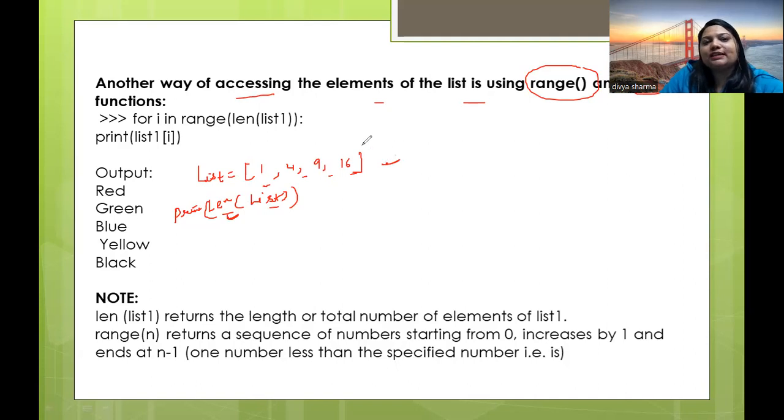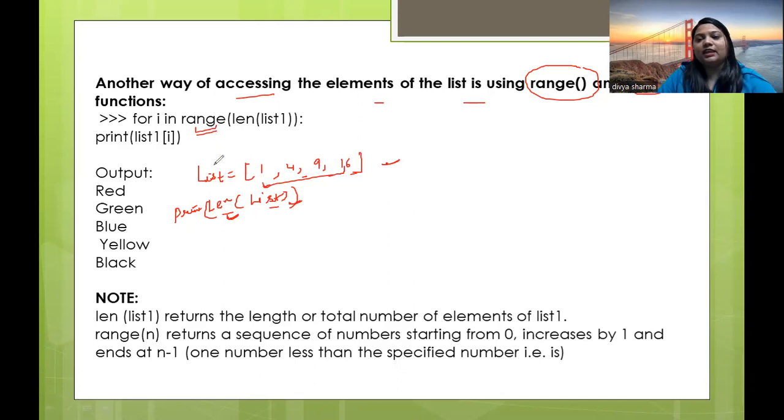We can also use the range function. For using the range function, first of all, we have to determine the length of the list. So we find out the length of the list is basically 4. By using this length of the list, we can use the range function.